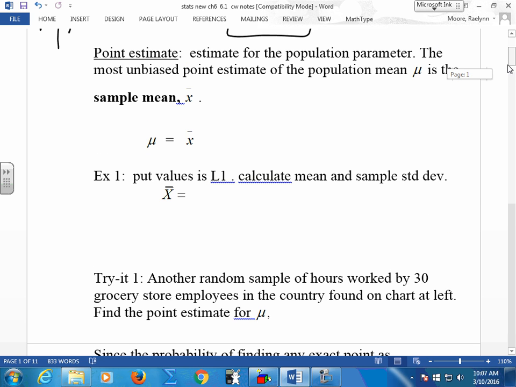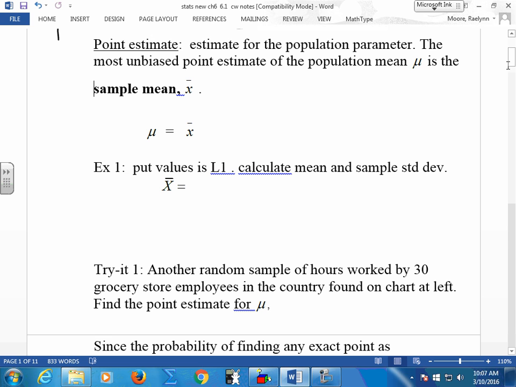So all they're asking you to do is, and we don't have to do all this, but just make sure you know how to do it. On page 298, example 1, they give us a bunch of data. How do they find the sample mean? How would you find that sample mean?